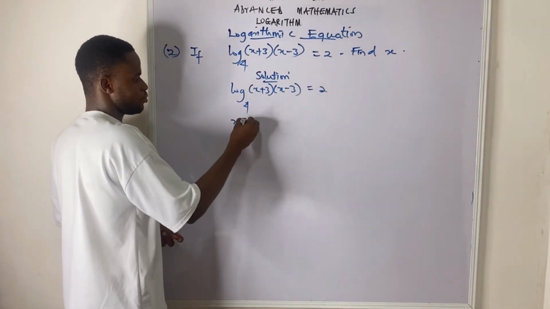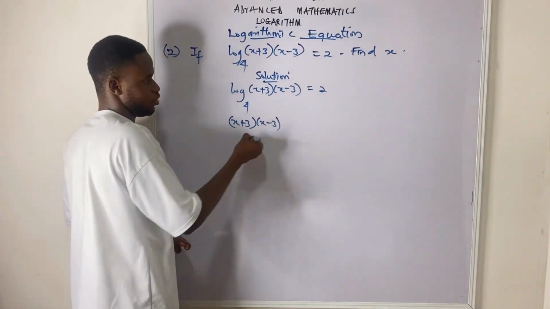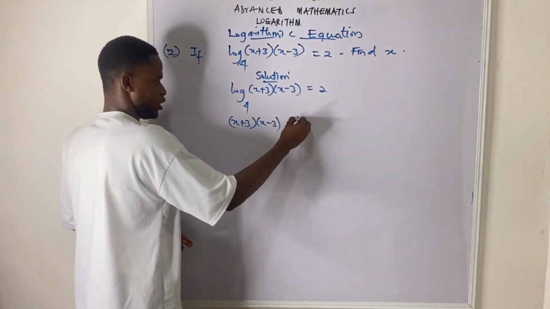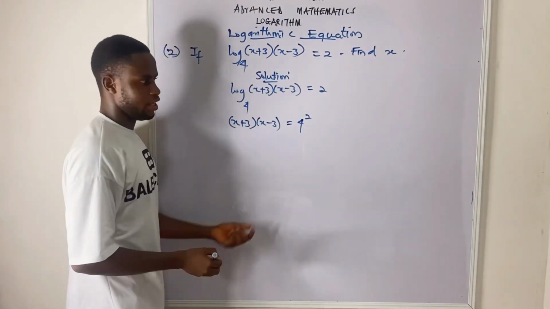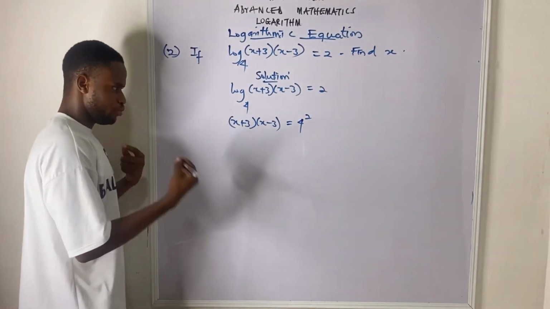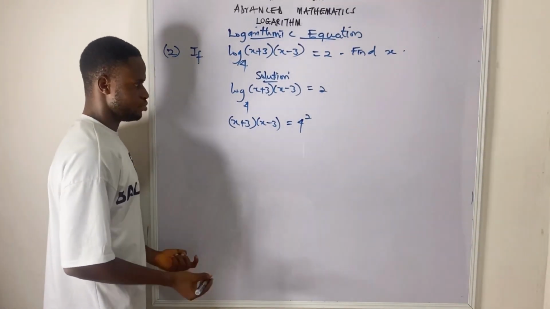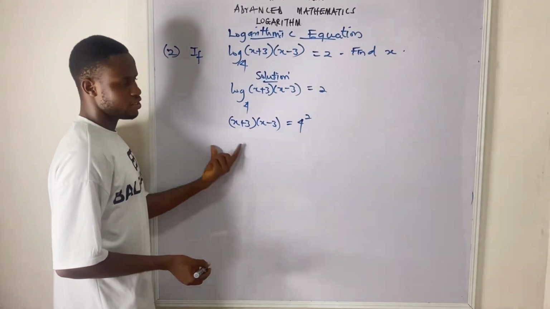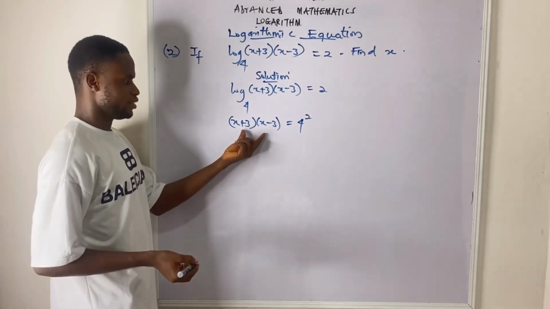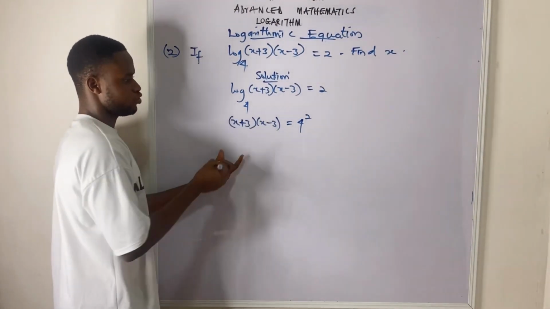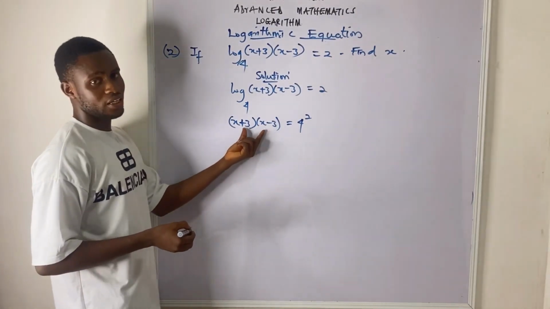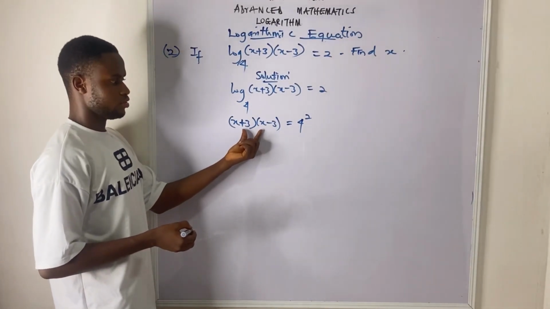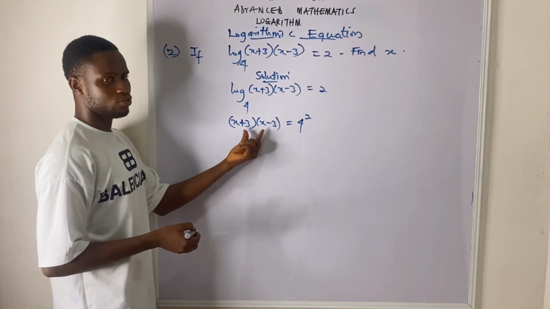And that shows that the number, which is x plus 3 into x minus 3, is going to be the base raised to the power the result. Can you see that now? Just by using that basic principle. And to solve this, seeing this expression, you can expand. But if you are the one that knows what you are doing, then this one is simply the difference of two squares. Yes, difference of two squares. So it's easy to solve.